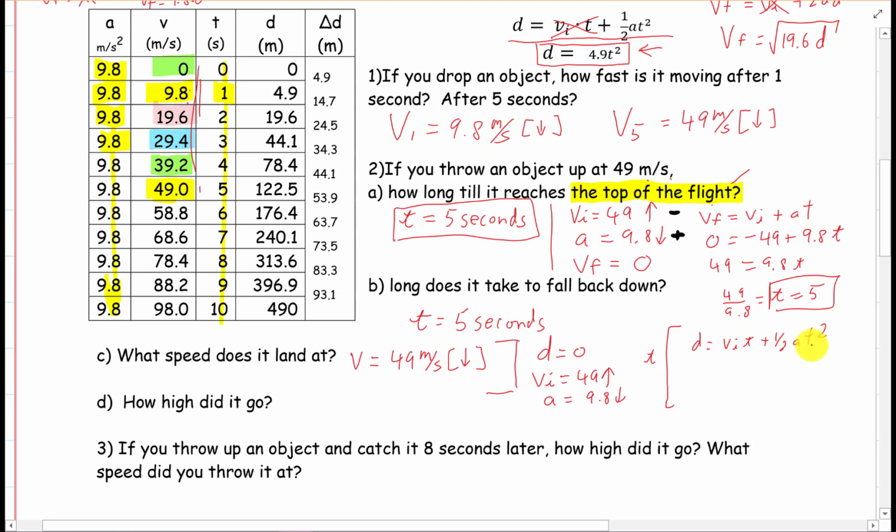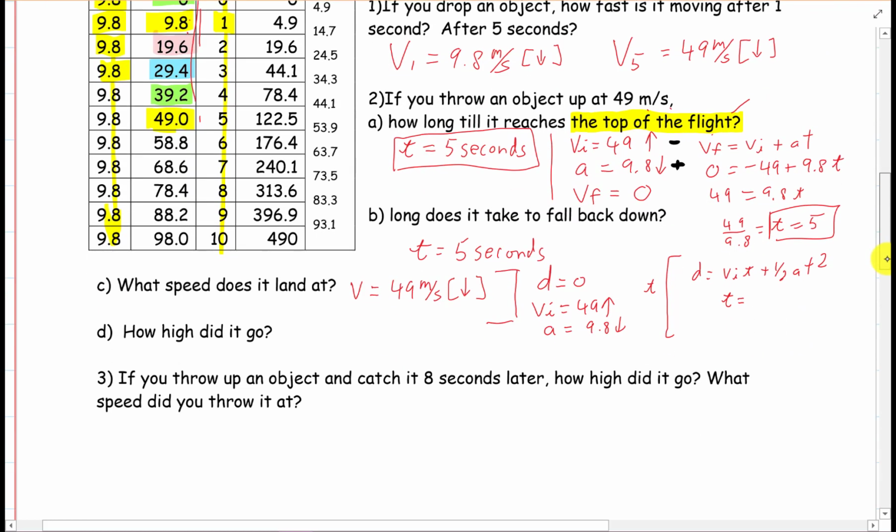And when we solve this, because it's a quadratic, we get 2 answers. Anyways, that's how you would solve it, and you'd get a time of 10 seconds and 0.